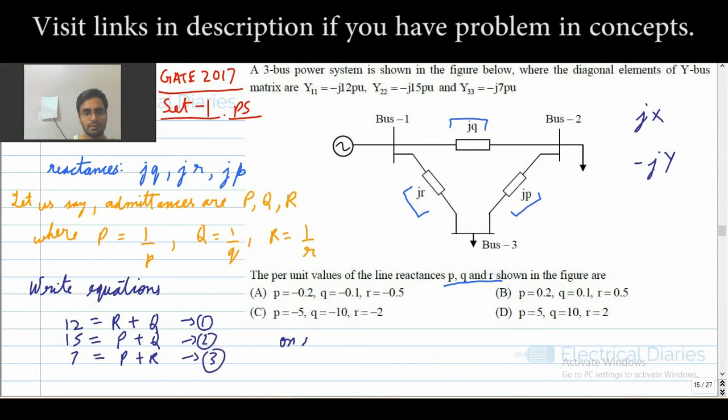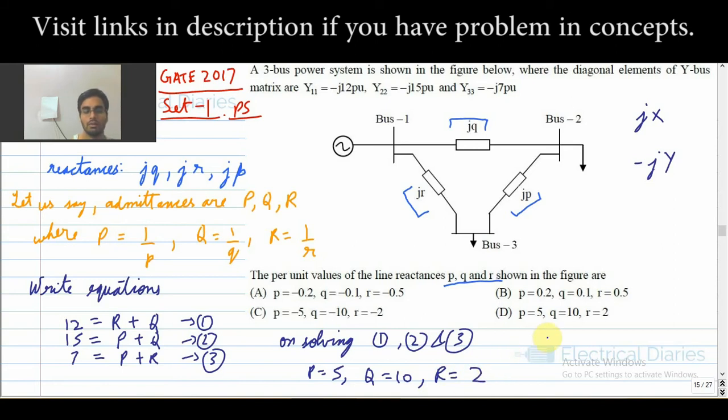On solving 1, 2 and 3, I hope you can easily solve these three equations, what you will get is P is equal to 5, Q is equal to 10, R is equal to 2.